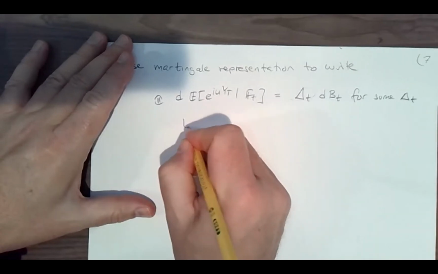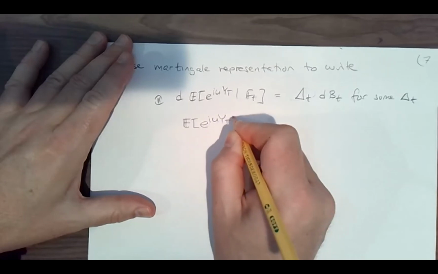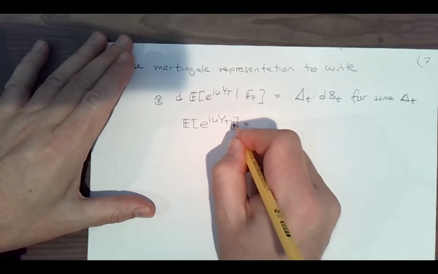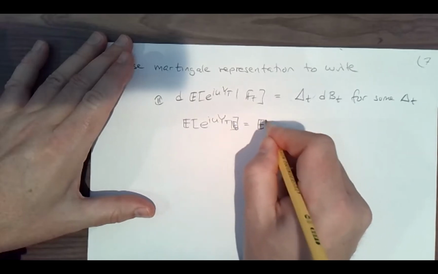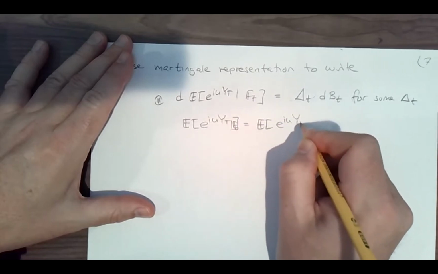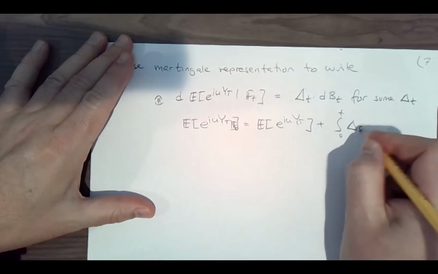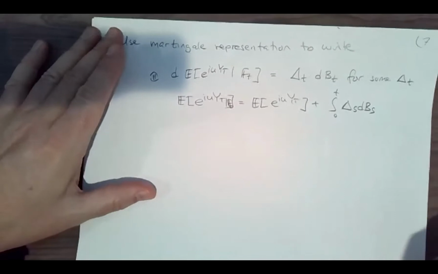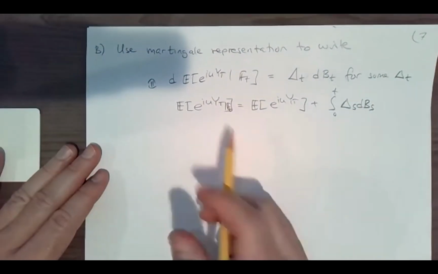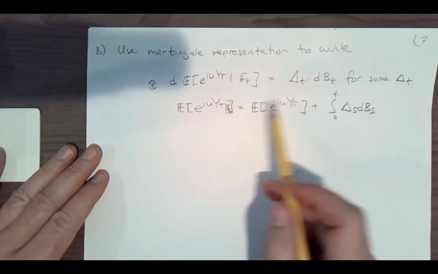Remember, this is nothing else than shorthand notation for what we had on the first slide. So I just take the initial value, that's when t is equal to 0. This is when you just get the expectation. And then the stochastic integral. So the martingale representation allows us to write this martingale as a stochastic integral plus a constant.